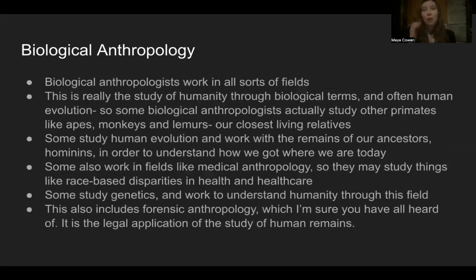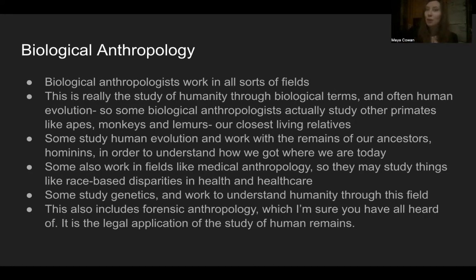So, biological anthropology. Biological anthropologists work in all sorts of fields as well. It's a really all-encompassing discipline. It's the study of humanity through biological terms, through our human biology. And often it's also the study of human evolution. Some biological anthropologists study other living primates like apes, monkeys, and lemurs, who are our closest living relatives.